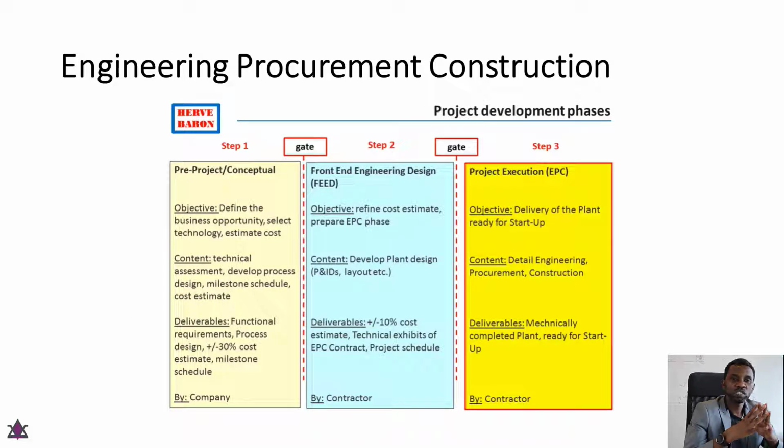So the EPC stage of this project is sort of like capping off stage 1 and stage 2. This is where the majority of the works are carried out, and you can see here the various details set forth by Herve Baron in this video, oil and gas engineering guide. In step 1, you see that the level of detail creates some amount of error in estimation of the cost.